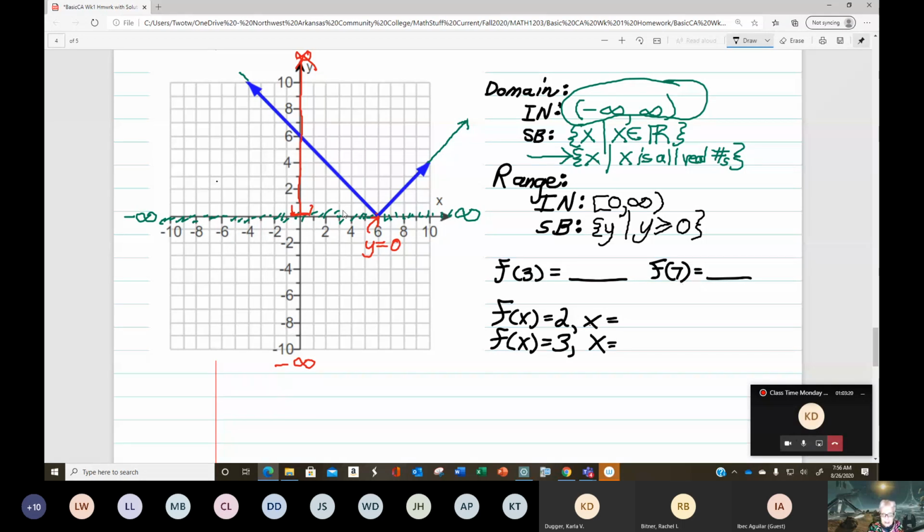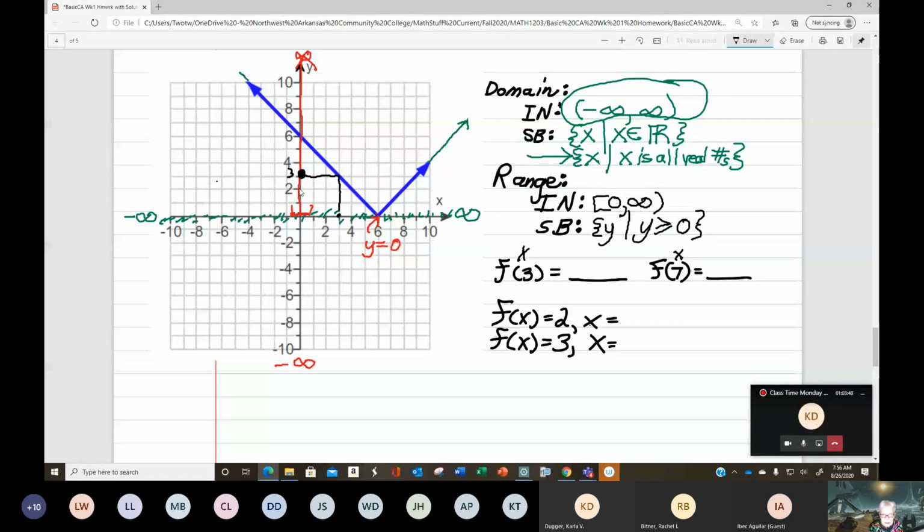If I go to 3, because this is always the x, f of 3 means I start at 3, I go up to the graph, and then I head over to the y-axis and find out what that is.